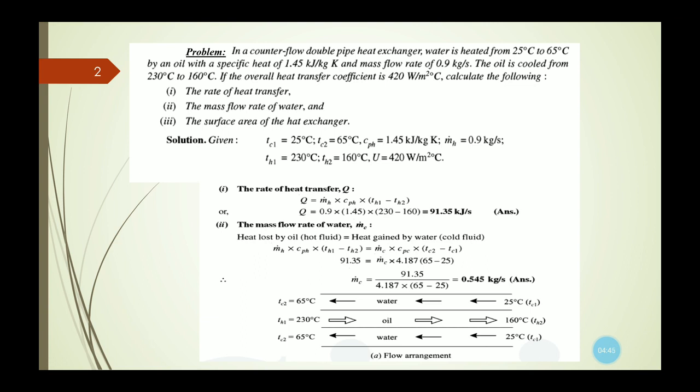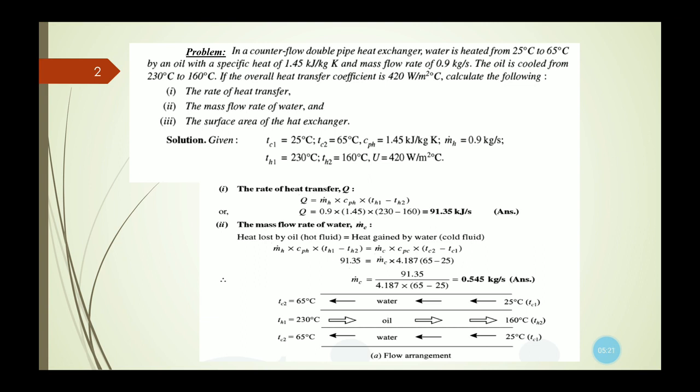So this is the formula by which we have calculated the heat transfer rate in case of the hot fluid. Now for the second part of this numerical we need to calculate the mass flow rate of water, that is the cold fluid. So m dot c we need to calculate, and m dot h was actually given in this numerical. Now to calculate m dot c, we need to use the concept that the heat lost by the oil, that is hot fluid, is actually the heat gained by the cold fluid.